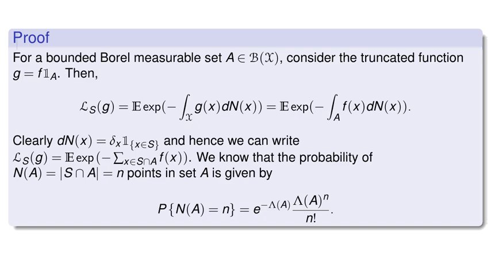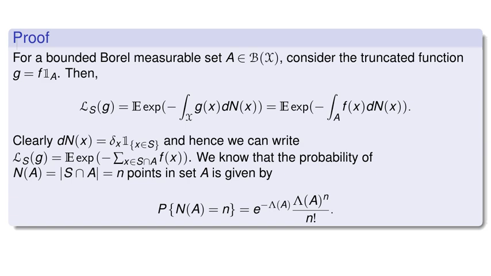Let's start the proof of this proposition. For a bounded Borel measurable set A in script B of script X, let's consider a truncated function g defined as f times the indicator function of A. Then the Laplace functional script L sub S of g is the expectation of e to the power of minus the integral over script X of g of x dN of x.